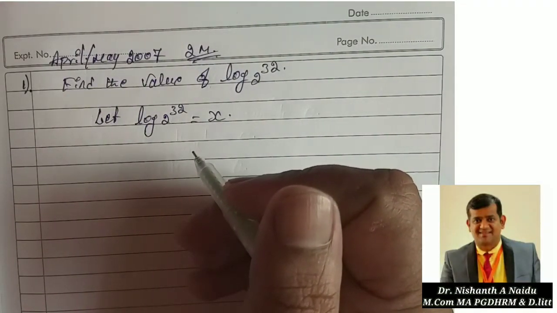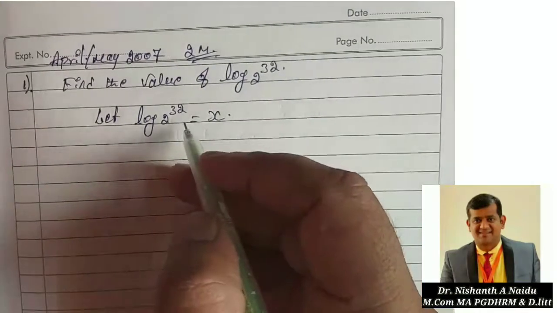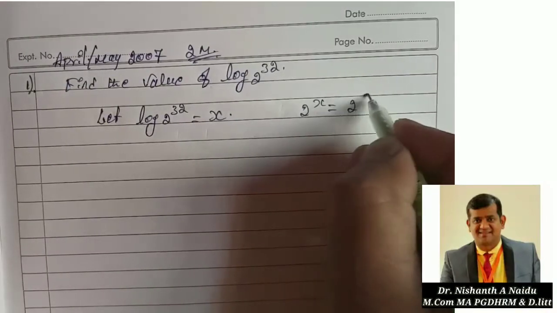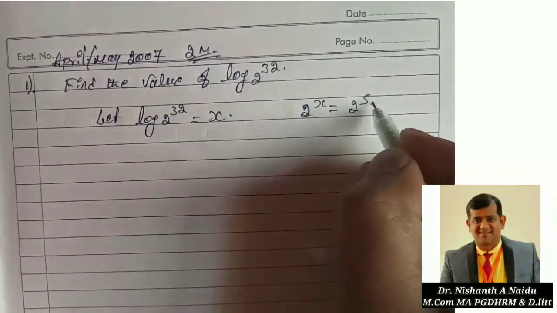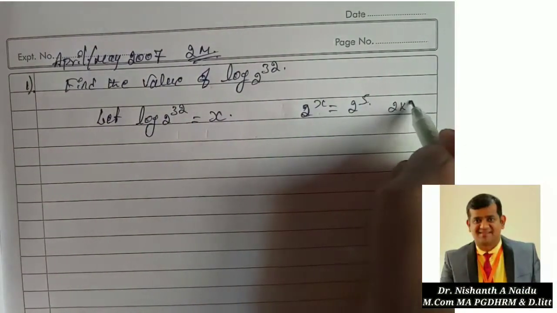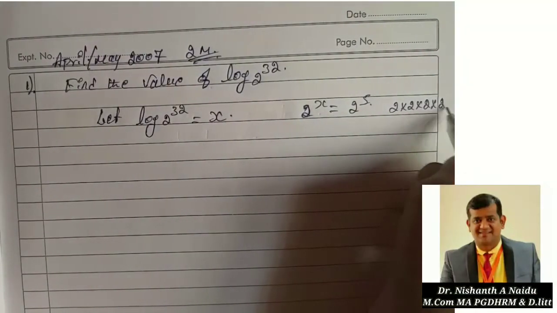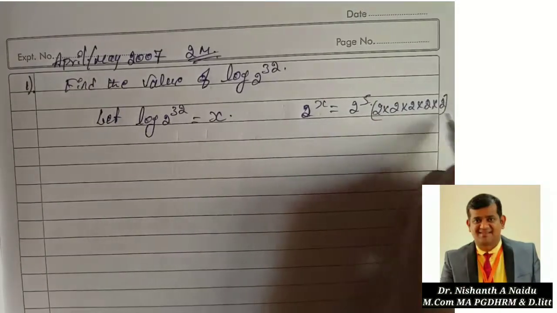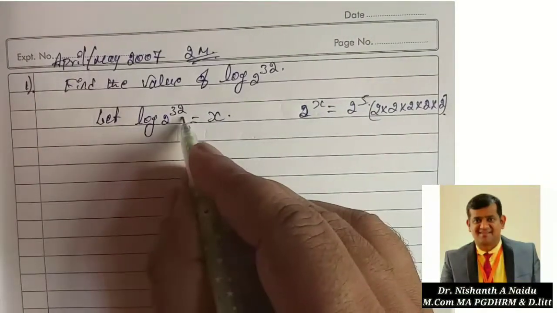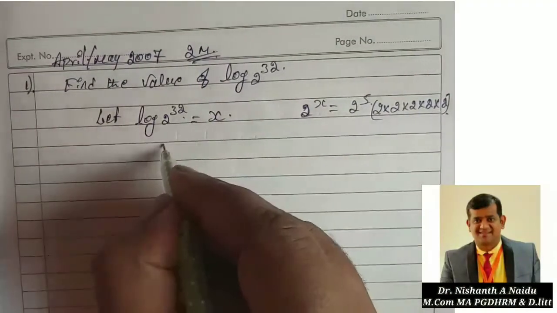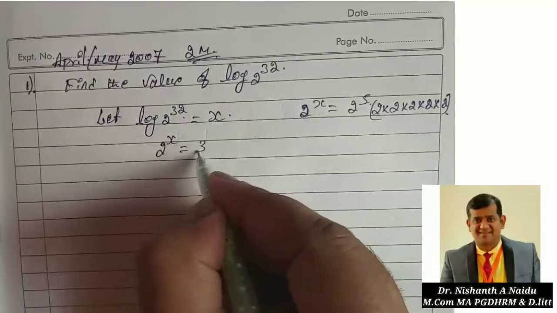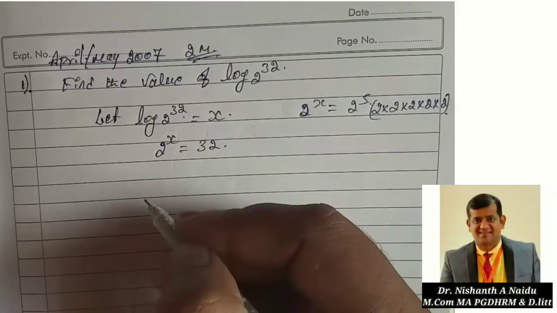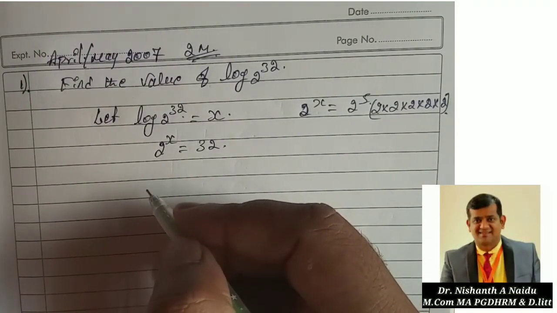I am converting: 2 to the power x equals 2 to the power 5, because when you do 2 into 2 into 2 into 2 into 2, 1, 2, 3, 4 and 5, that is going to be 32. Clear? So 2 to the power x equals 32. Here when bases are the same, powers can be equated, correct?